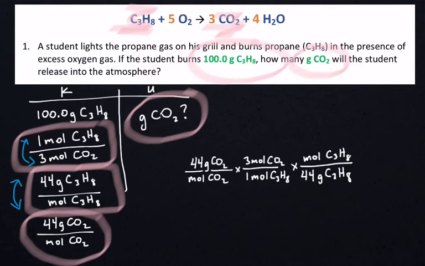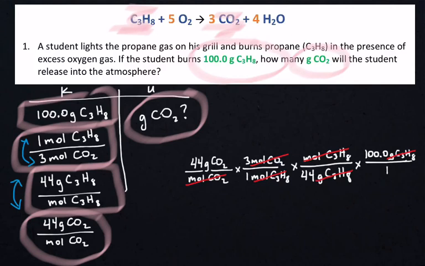Okay, finally we have to cancel out C3H8. So I come back over here. I find that unit. There it is. Multiply it. I make that look like a fraction by putting it over 1. All right. Now my favorite part is to cancel out those units that can be canceled, leaving us grams CO2 all the way on the left there.